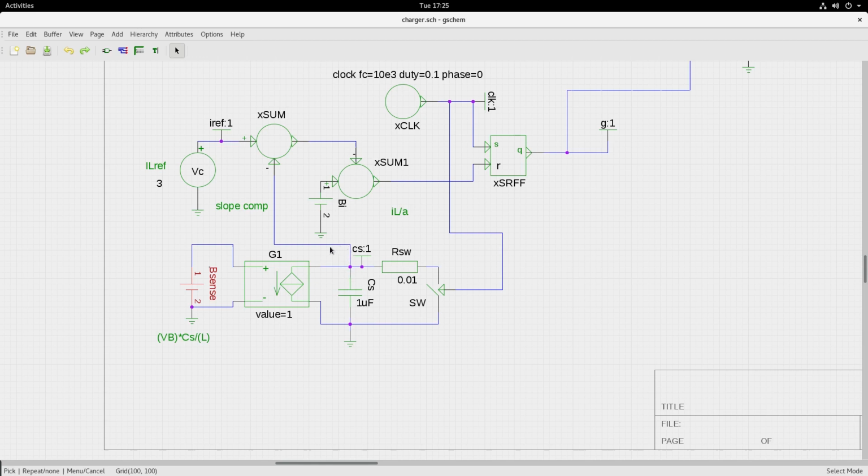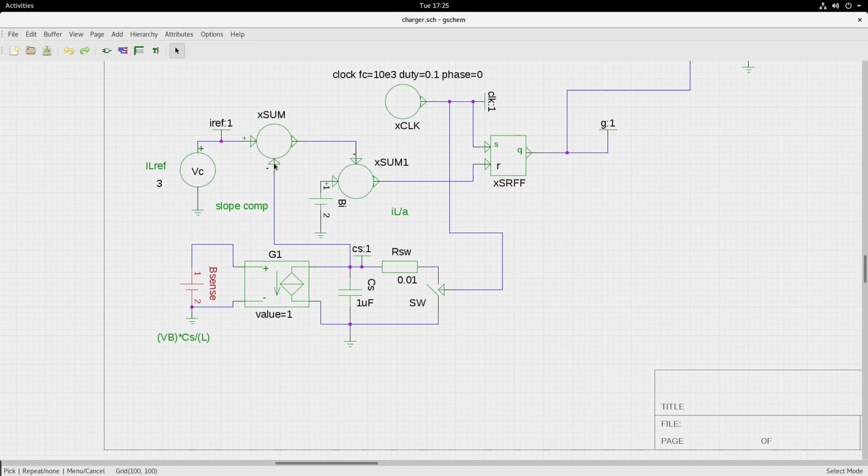And if you monitor the potential here, you will get the voltage equivalent of I slope. And every time there is a clock giving a pulse, it will also reset the switch, short circuiting the capacitor and discharging the capacitor. So you will get a sawtooth waveform.